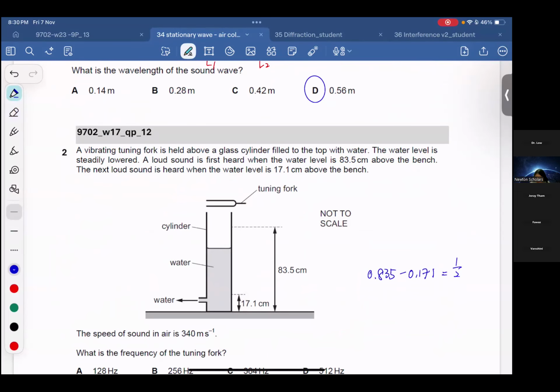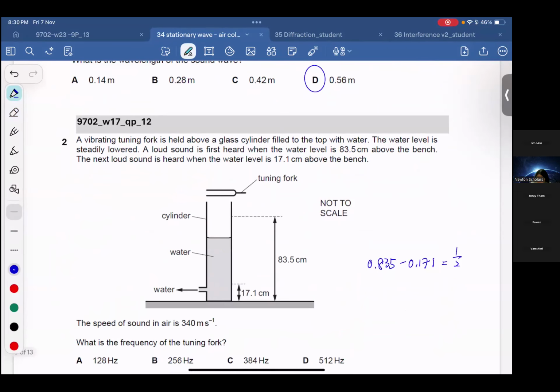Let me have a look. The first sound is heard when the water level is actually free. Like that here. Like this. Then after that, like this. Oh, my drawing just now is wrong. First sound is here when the water level is here. My drawing is wrong just now.